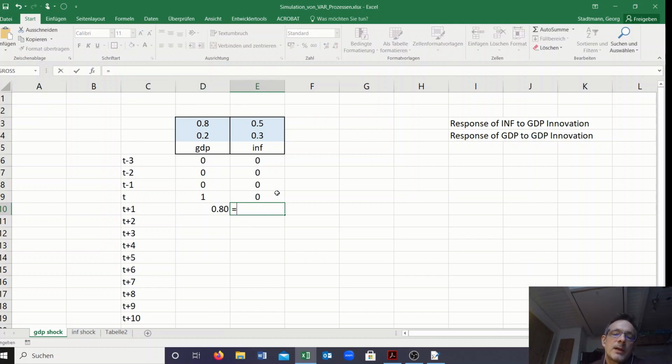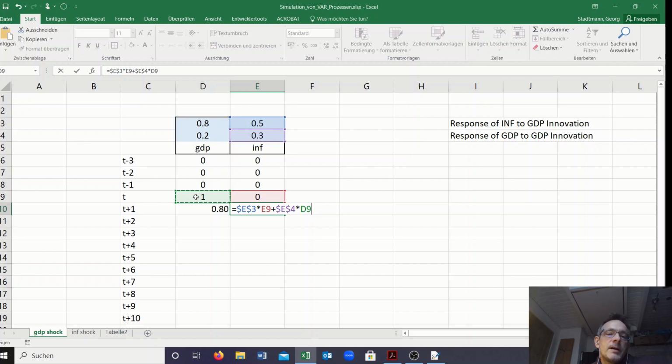Next, we also have to initialize the process for the inflation rate. It is 0.5 frozen times the inflation rate in the previous period plus 0.3 frozen times the GDP in the previous period. So when I press this button, the value should be equal to 0.3.